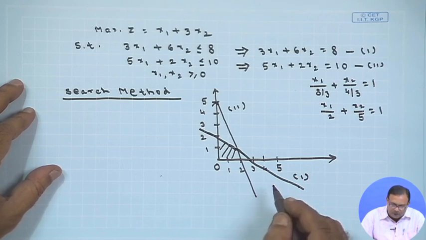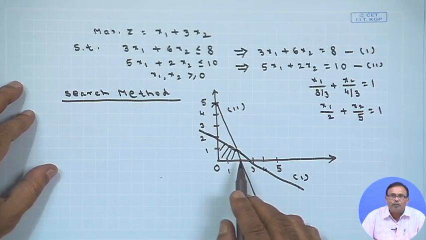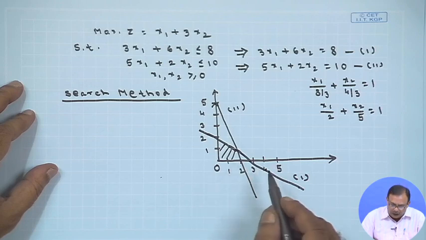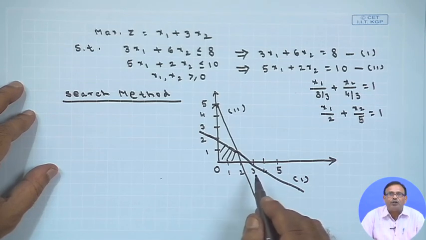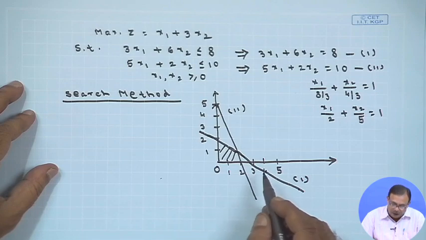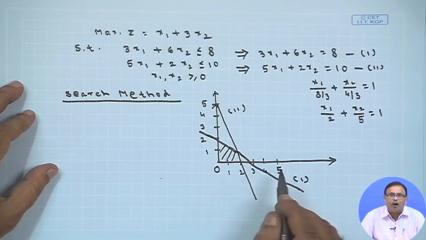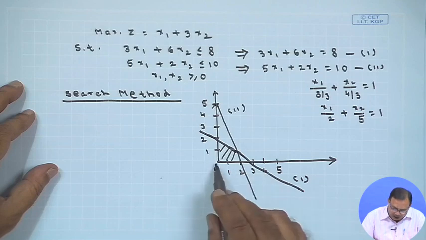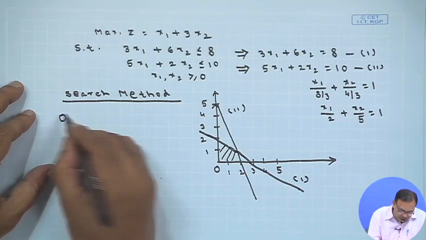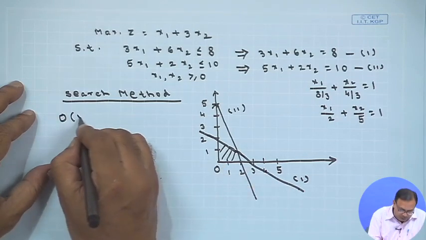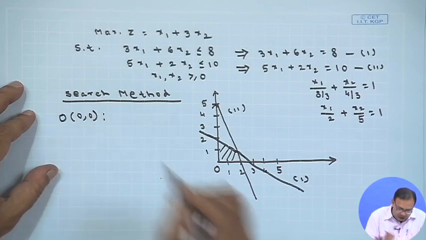So this was step 1. In step 2, you have to find out the extreme points. As you remember, your extreme points are the boundary points, that means the boundary intersection of two lines. One is this point 0, that is 0, 0.